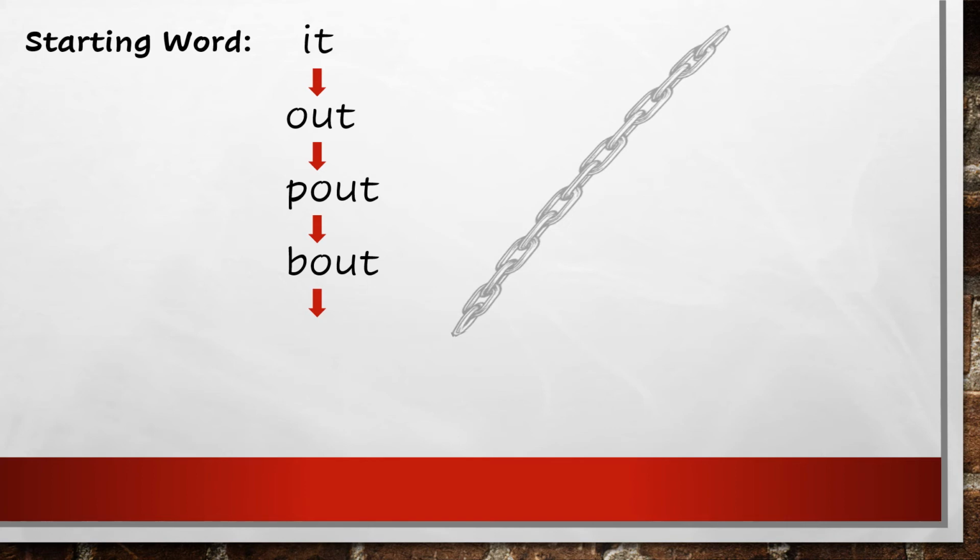All right, now we are going to turn the word bout into the word boot. What do I need to change to turn bout into boot? Go ahead and do that now.